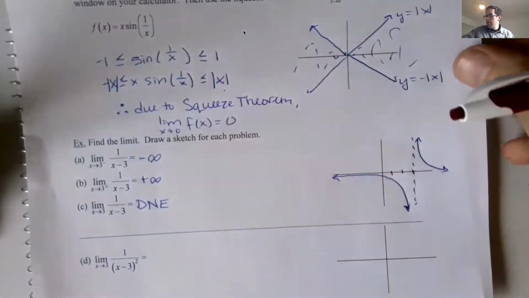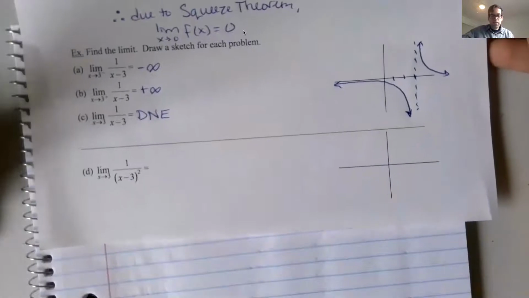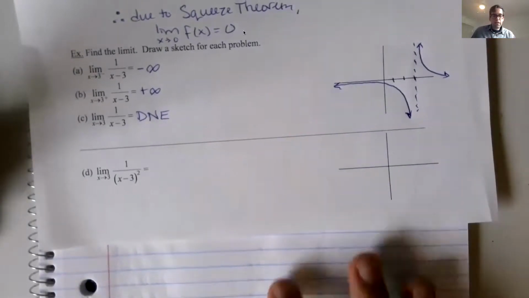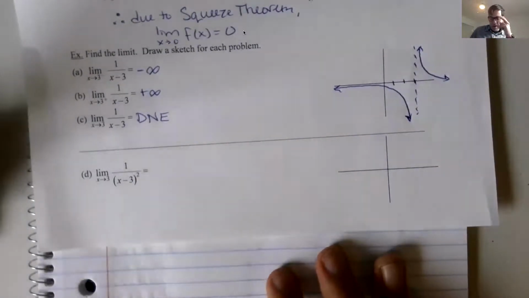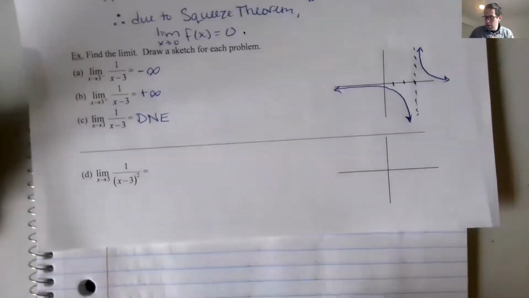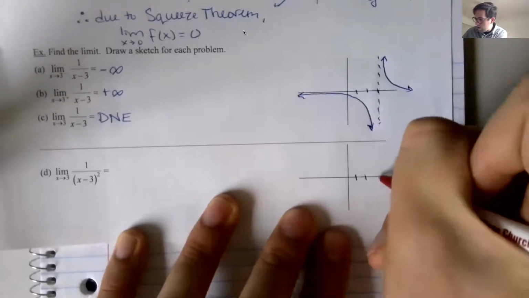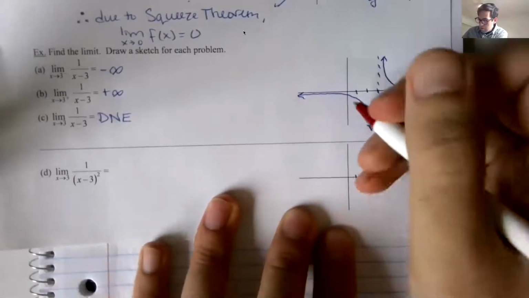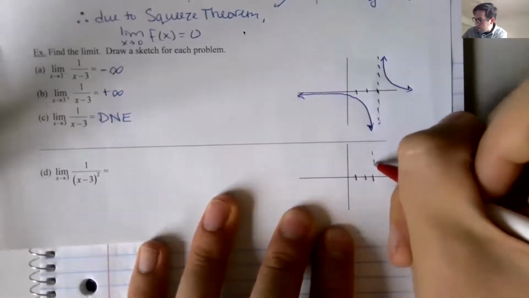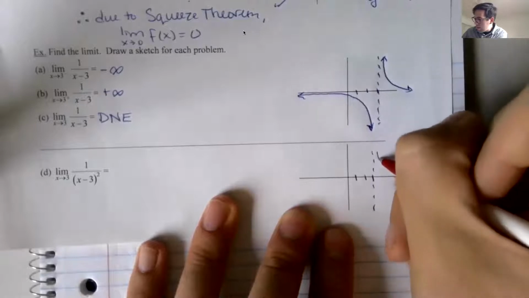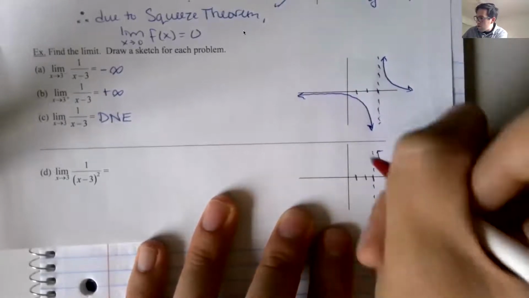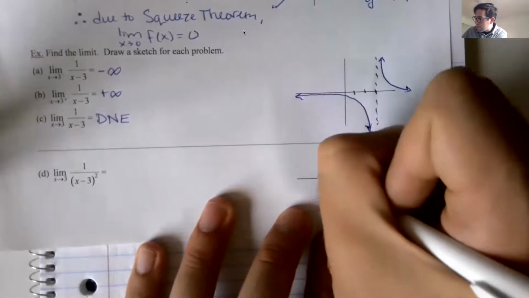Okay, letter D, the limit as x approaches 3 of 1 over (x minus 3) quantity squared. So if we take a look at this graph, we're still dealing with a vertical asymptote at 3. And this time, our curves are both above the x-axis like this.